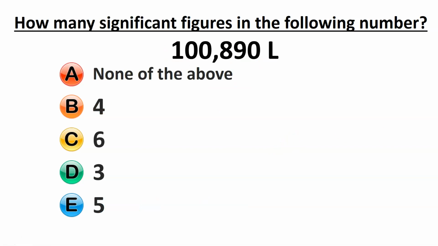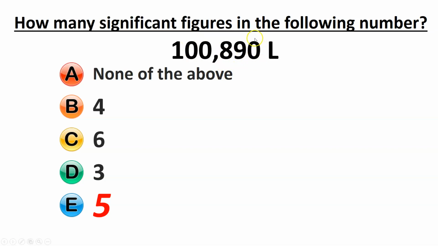Let's try this one next. All right, this one's a little bit trickier. This number has 5 significant figures. The 1 counts. These are captive, so they count. The 8 and the 9 count because they're regular old numbers.